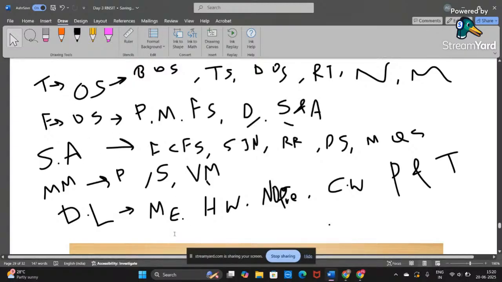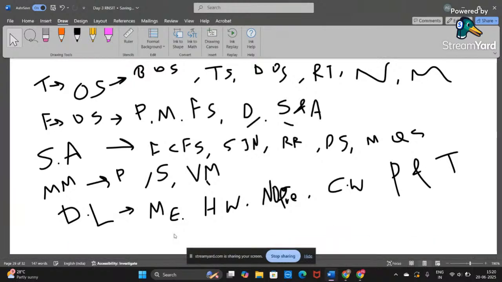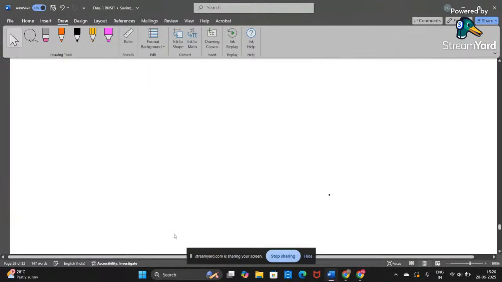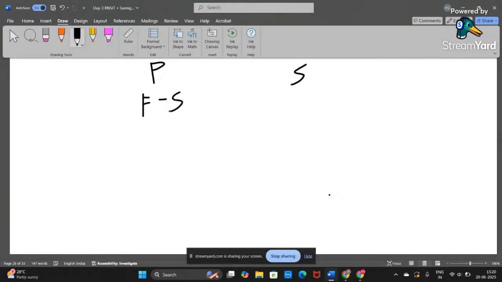Okay, now let us see the difference between paging and segmentation. This is one of the important topics. For this, the definition is: paging divides logical memory into fixed size pages. Here it is fixed size.